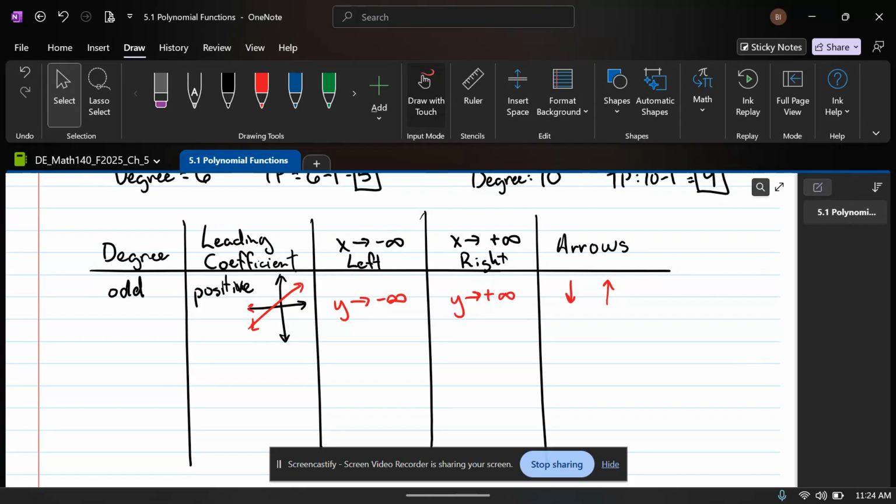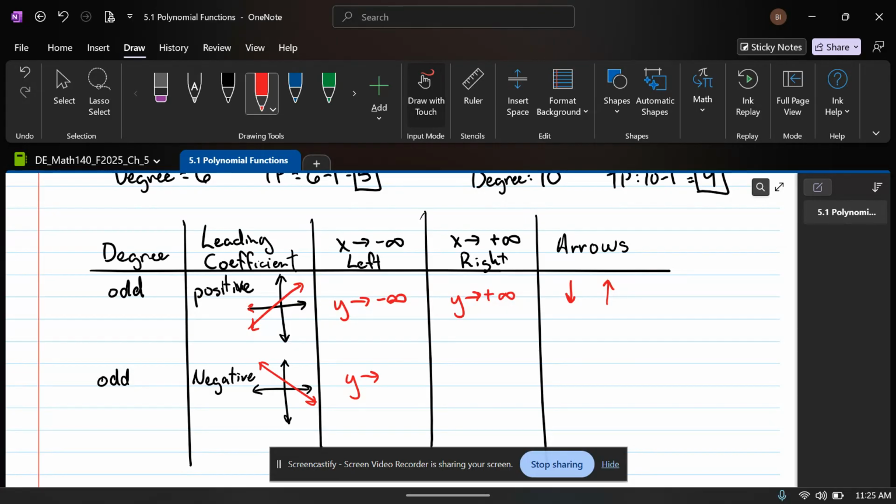Okay? So if it's odd degree and a negative leading coefficient, it's going to act like a line with a negative slope. So as the x values go toward negative infinity, that's to the left, the y values are going up.